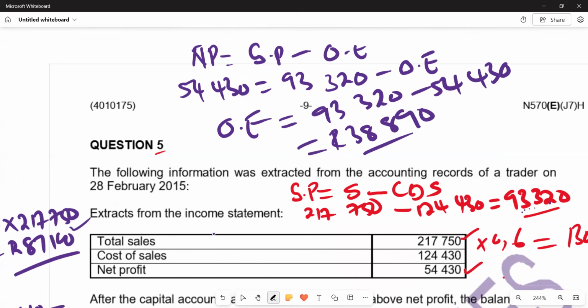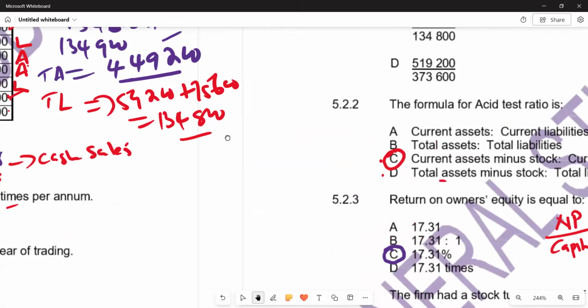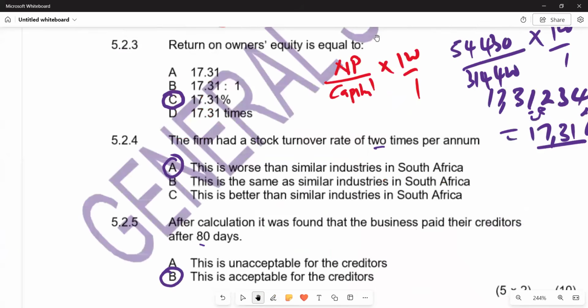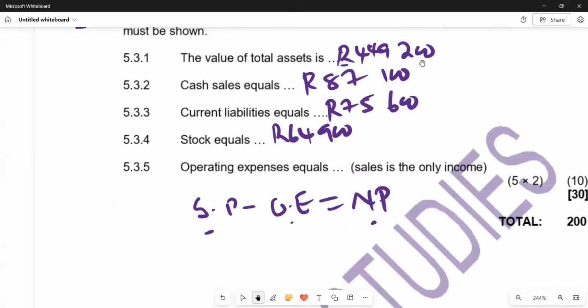So this is what we have. We can just go back there again and enter that figure. So here we are saying the figure that we have is 38,890.